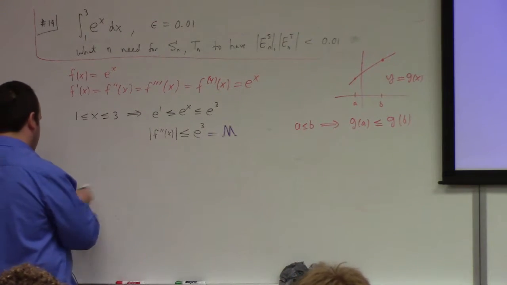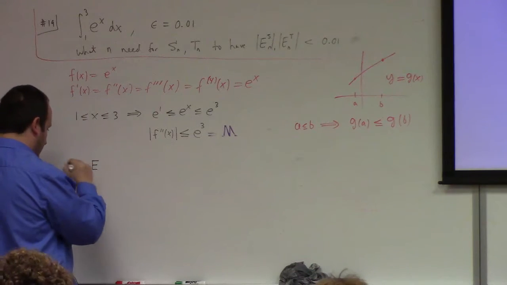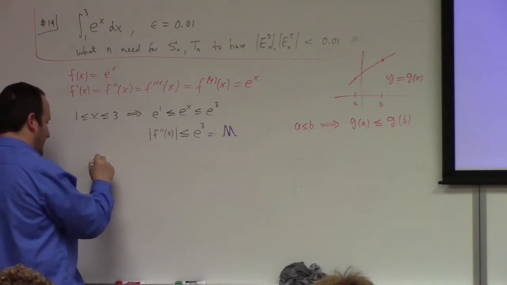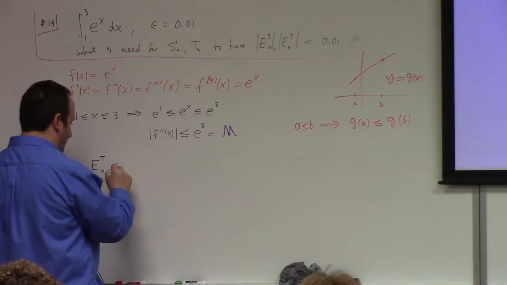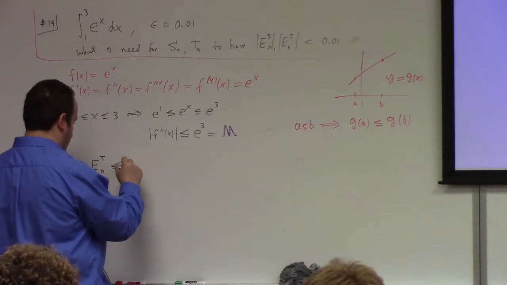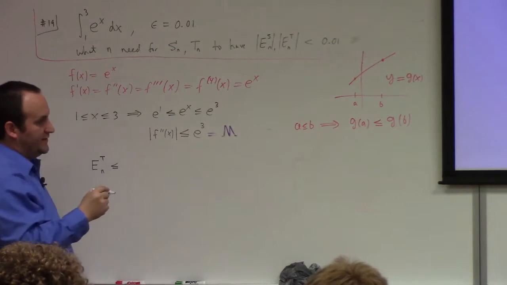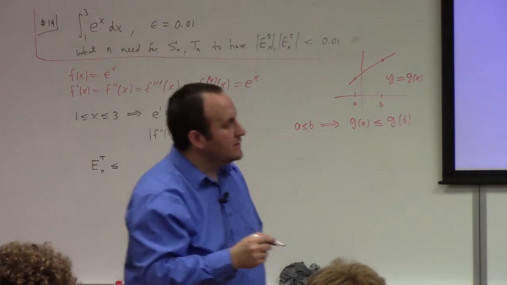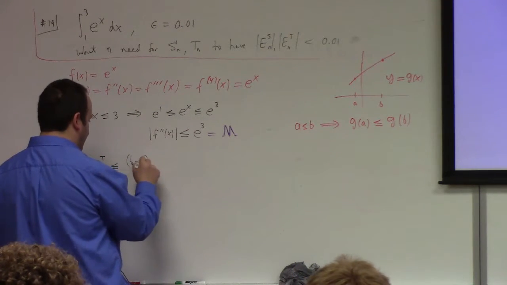So then we use a theorem which says that, let's see here, I'll start with the trapezoid. The error E_T,n is less than or equal to what? Let me write it symbolically here for a second before I put the numbers in. (b minus a) cubed, right?